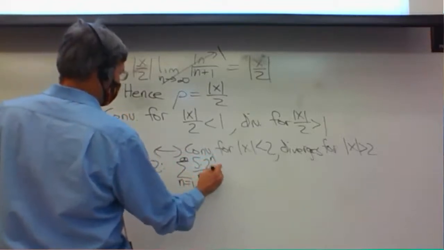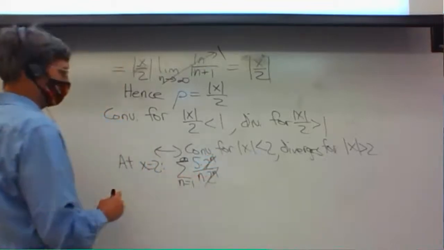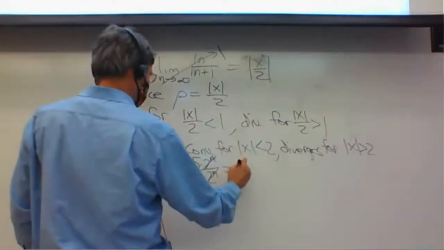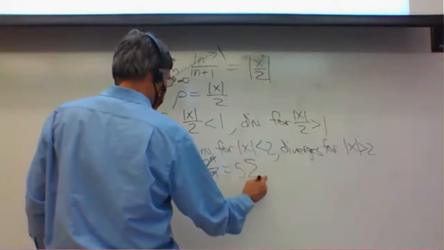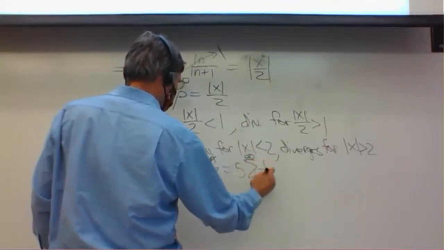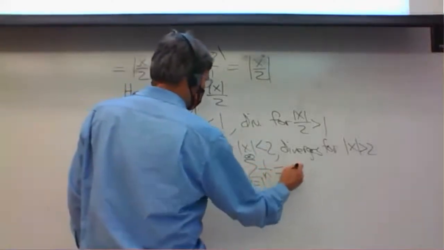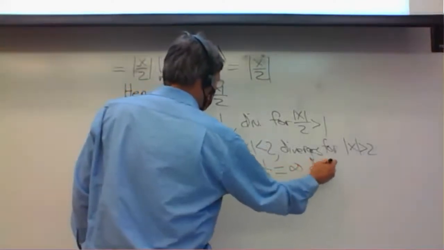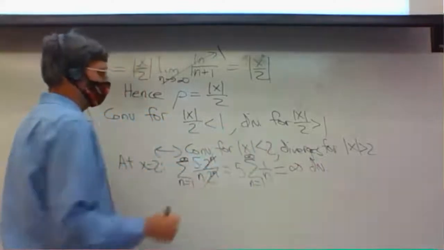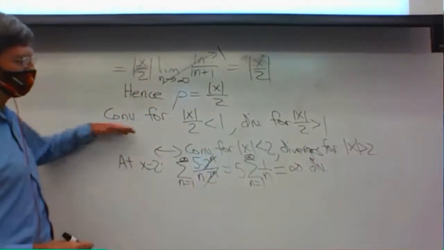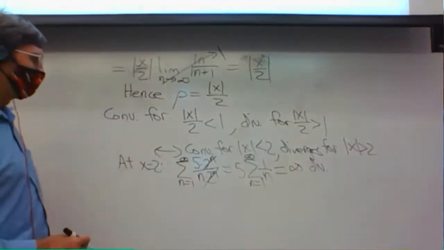And the 2 to the n's cancel when x equals 2, right? And you just get 5 times the sum n equals 1 to infinity of 1 over n, which is what? Yeah, it's a harmonic series, so it's infinity. It diverges, right? When a series of positive terms diverges, it always diverges to infinity because it's adding up to bigger and bigger numbers.